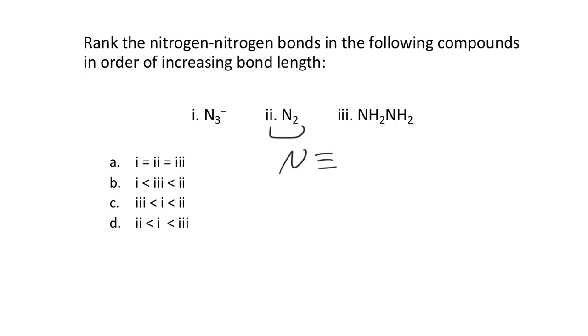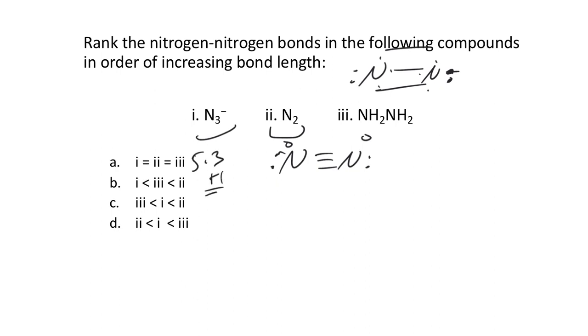Nitrogen is just a triple bond. If we're not sure, we're just going maybe back to nitrogen dot diagram, and then pairing up for a triple bond to give each atom an octet and also 0 formal charges. And so then for N3 minus, we have 5 times 3 plus 1, that's 16 electrons to distribute.